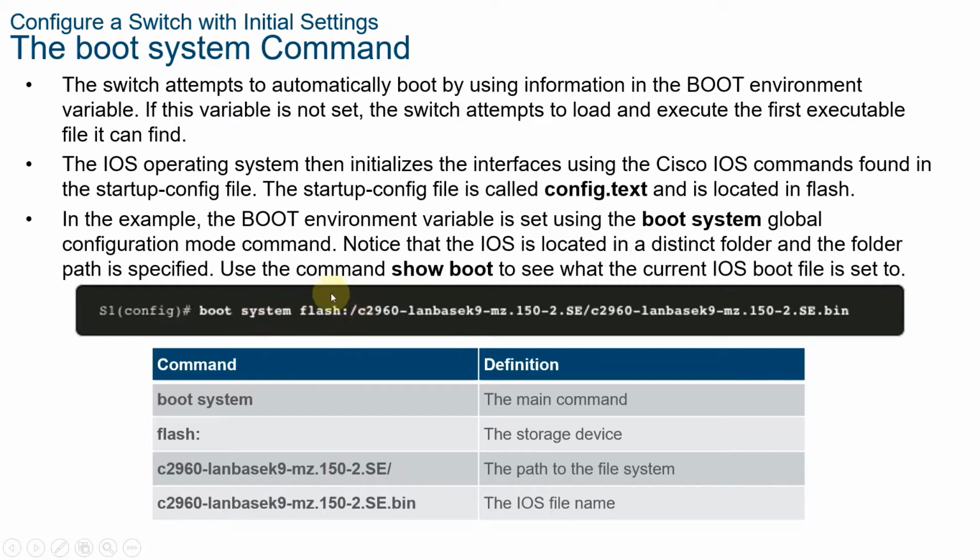The flash is the storage device. Then c2960-lanbasek9-mz.150-2.SE is the path to the file system. And the last one, c2960-lanbasek9-mz.150-2.SE.bin, is the IOS file name.